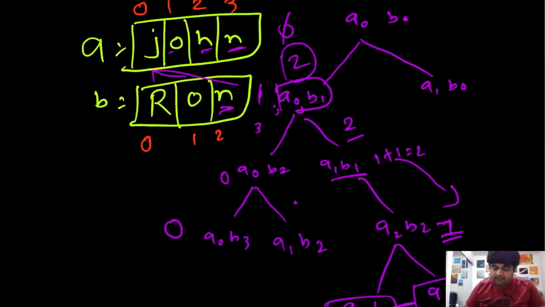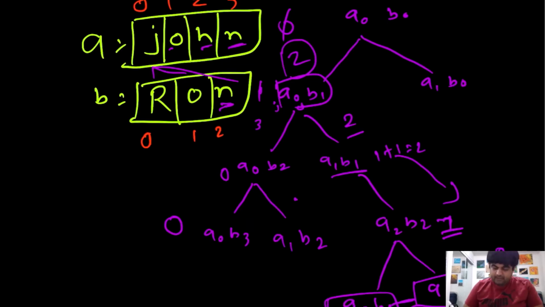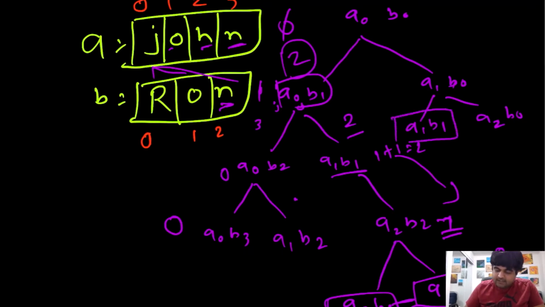When we calculate the right side of the subtree, we are actually calculating the values A of 1 and B of 0. Now A of 1 and B of 0, again we have two possibilities. We can either do A of 1, B of 1, or we can do A of 2 and B of 0. Now notice that this A of 1, B of 1, does this seem familiar?